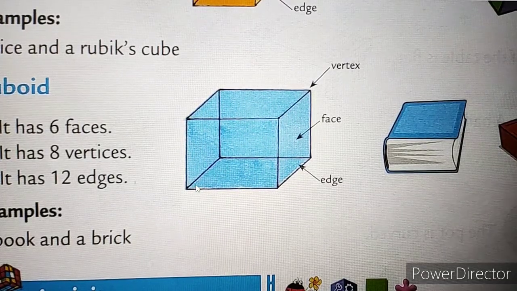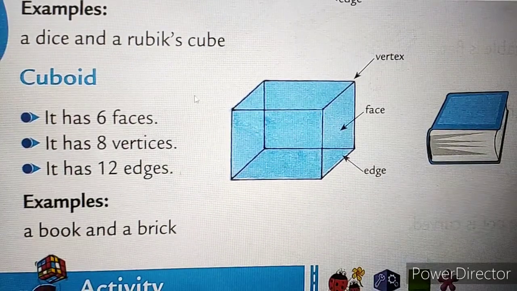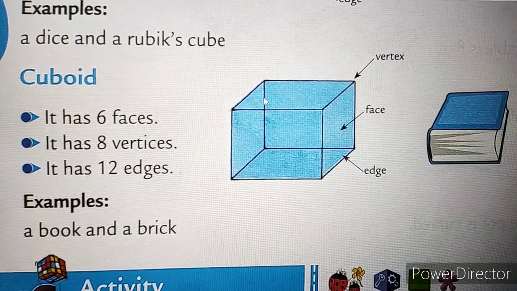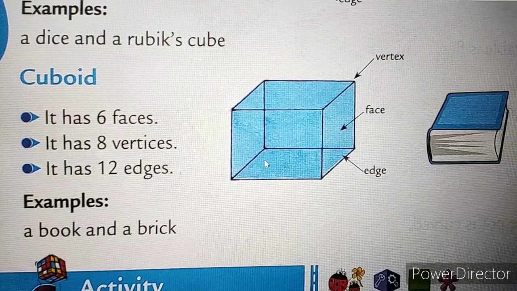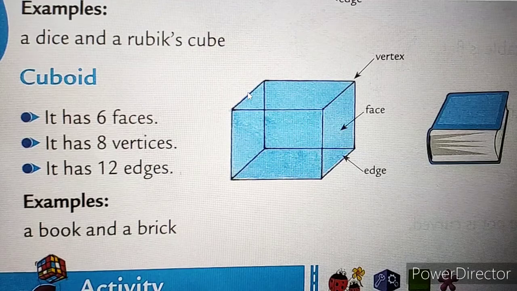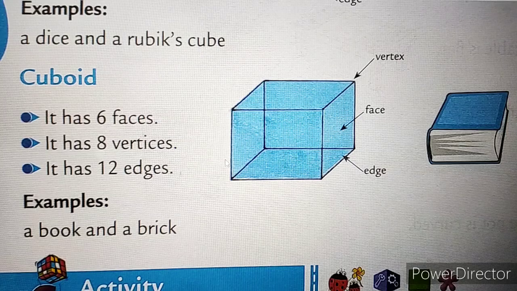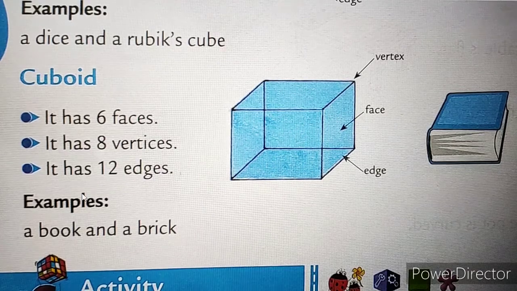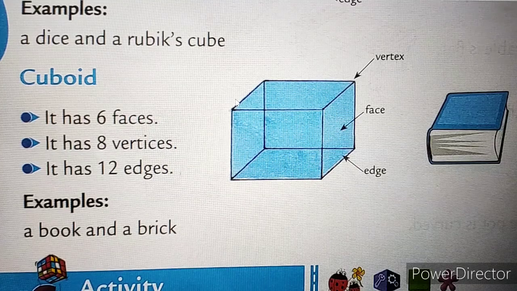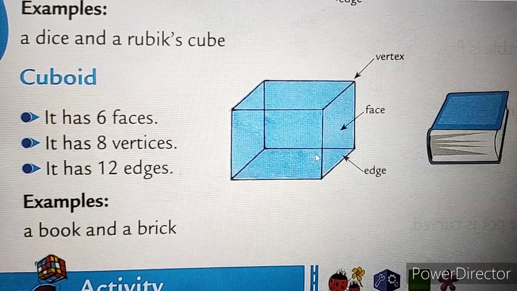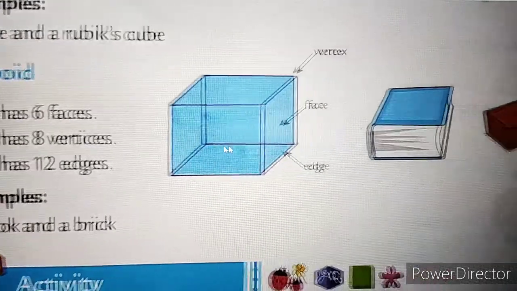It is a rectangular shape, so it also has the same properties. 6 faces, 1, 2, 3, 4, 5, 6, 8 vertices, obviously, one corner, second, third, fourth, fifth, sixth, seventh, and eighth. So 8 vertices and 12 edges, just like the cube, but it has a rectangular shape, meaning it has one long side and one short side.